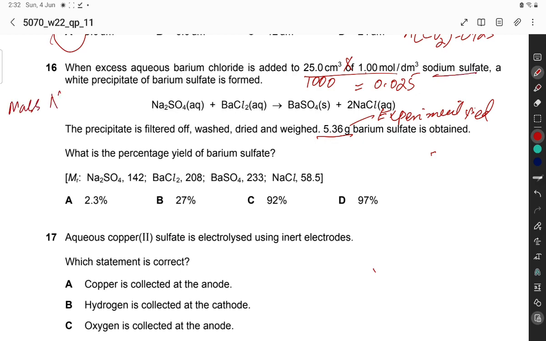Mass of sodium sulfate is equal to 0.025 mole into Mr. Mr is sodium 46 plus 32 plus 64, the Mr of the compound. 46 plus 32 plus 64 is equal to 142, so multiplied by 0.025, this is mass of 3.55 gram.